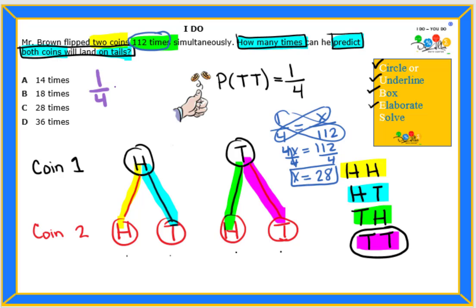But we're going to multiply that by 112 times that we want to flip the coins. And if we put that over 1 to multiply, we get 112 divided by 4. 112 divided by 4 is 28.